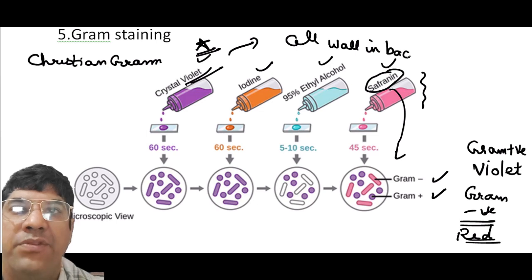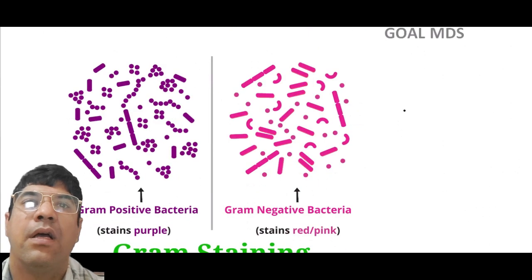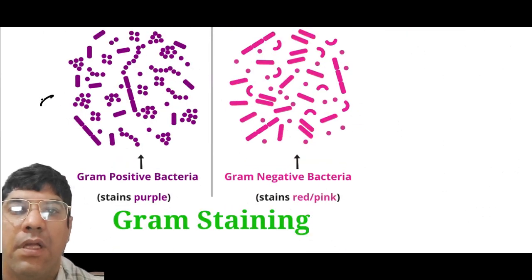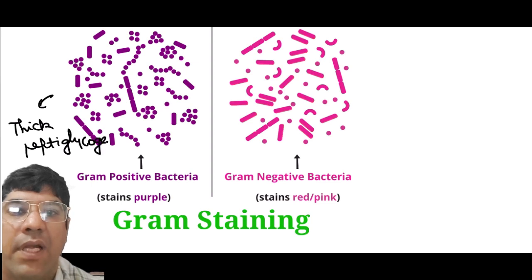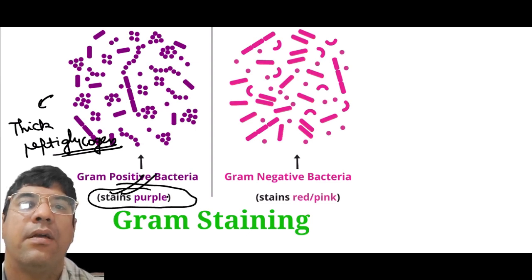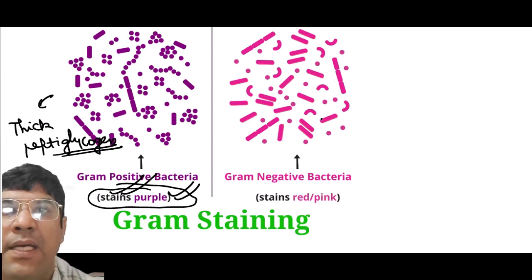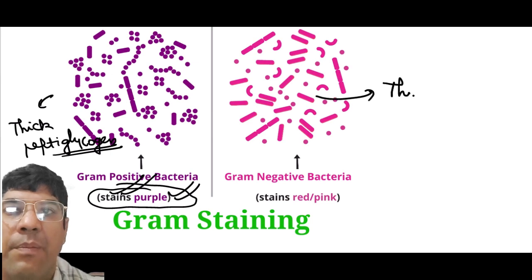The gram positive bacteria have a thick peptidoglycan layer in their cell wall that retains the primary crystal violet stain. This thick layer of peptidoglycan forms a complex with the dye, making it difficult to wash out, whereas the gram negative bacteria have a thinner peptidoglycan layer.